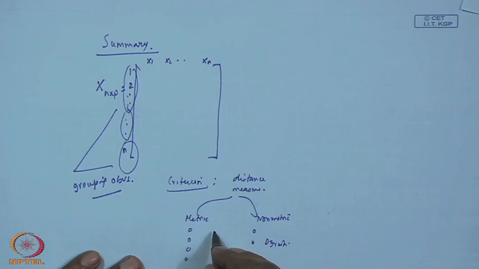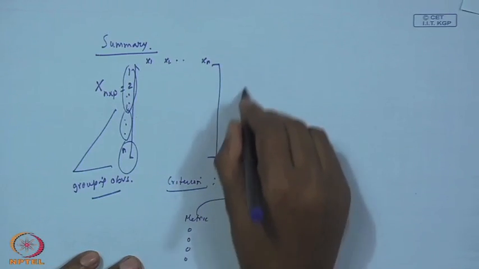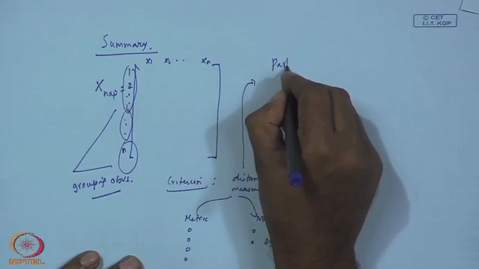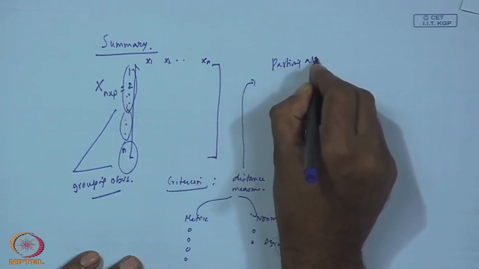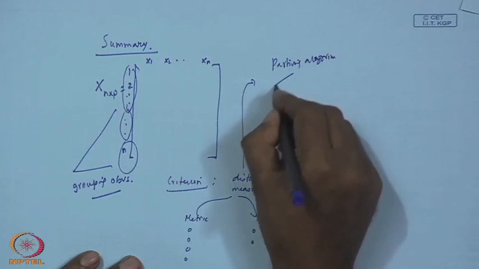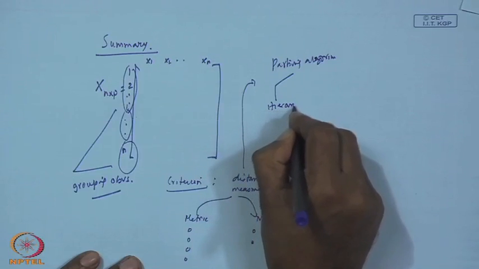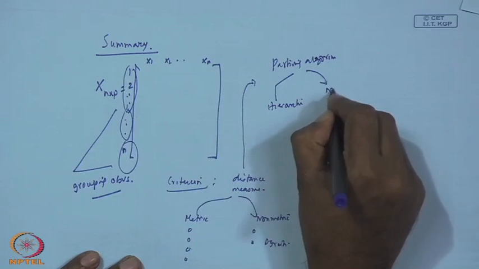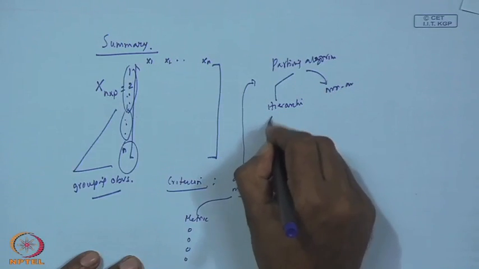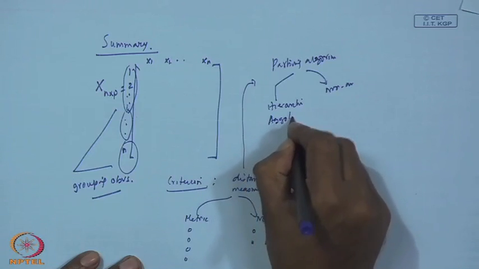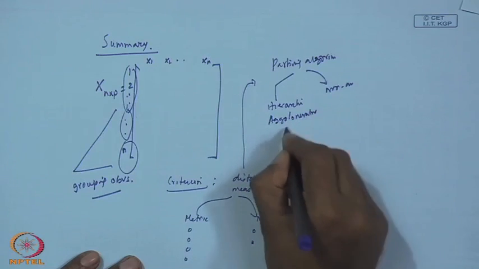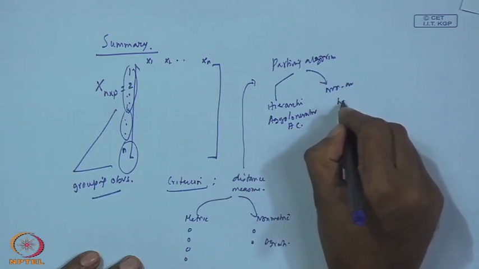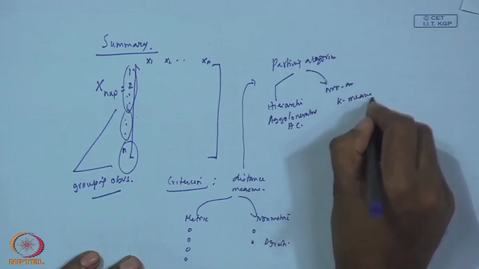Once you know the distance, you require to know the partitioning algorithm. This can be hierarchical, can be non-hierarchical. Hierarchical is agglomerative hierarchical clustering, and here K-means clustering.